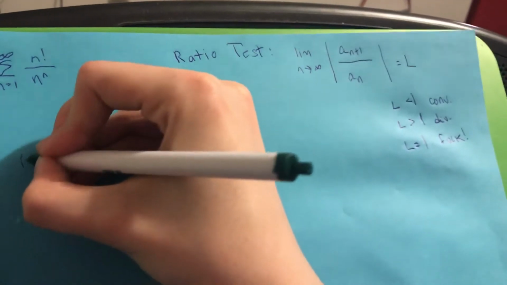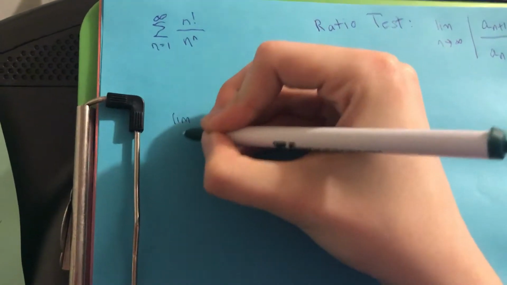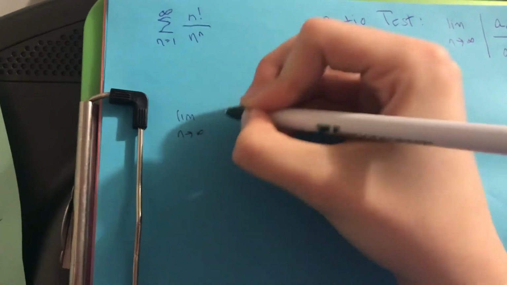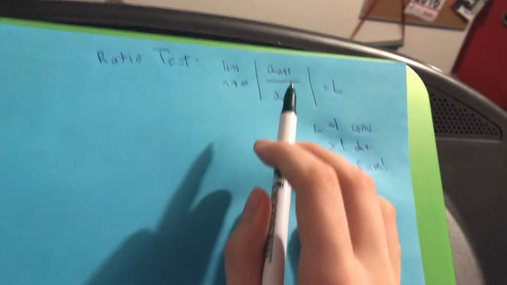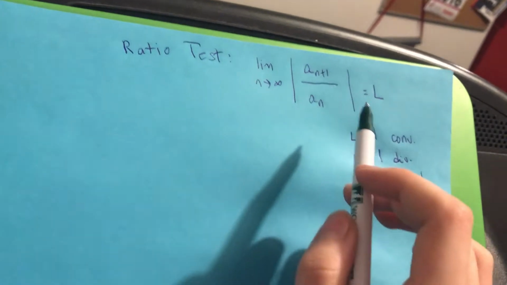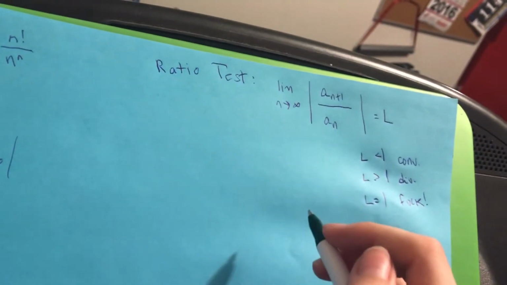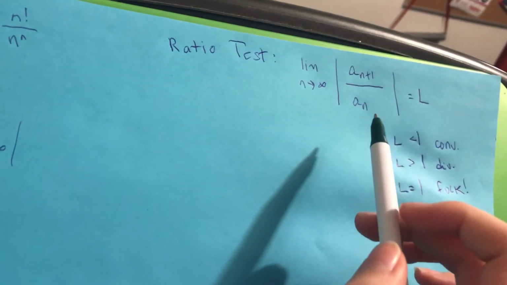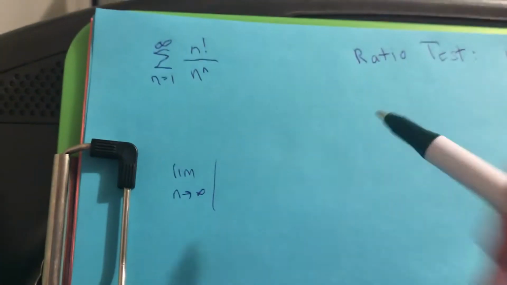So the limit as n goes to infinity of the absolute value of a_(n+1): we'll take all these terms and add 1.